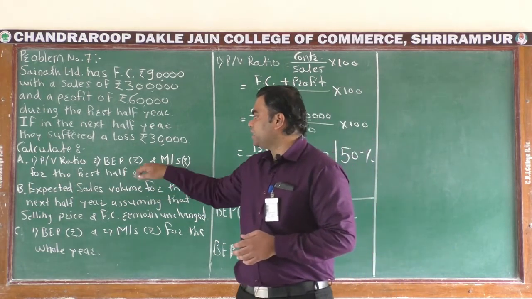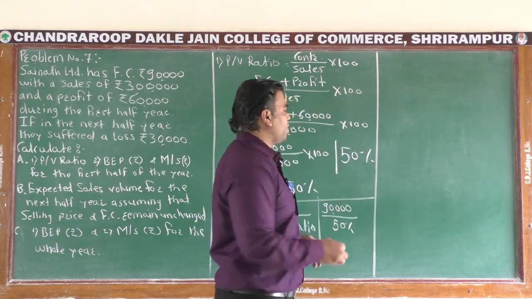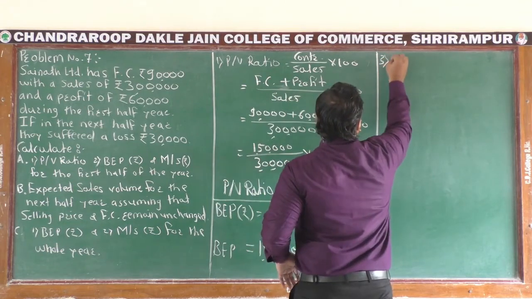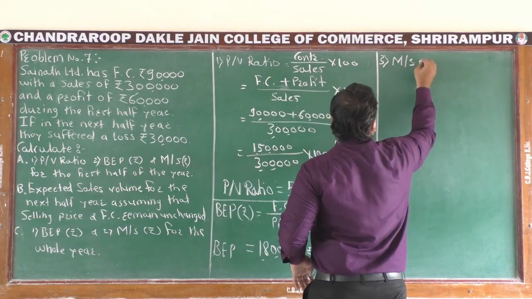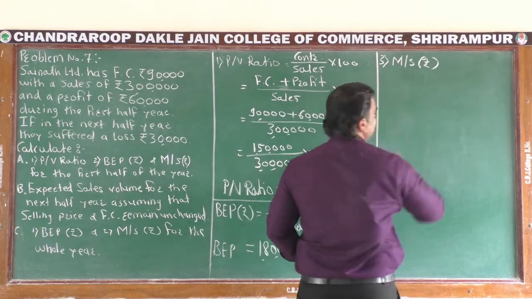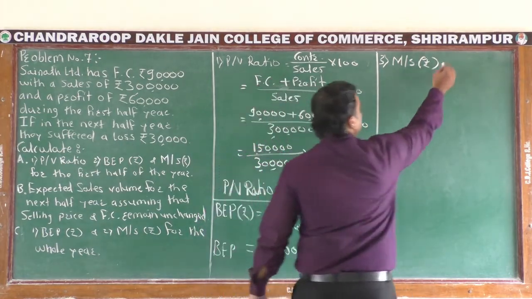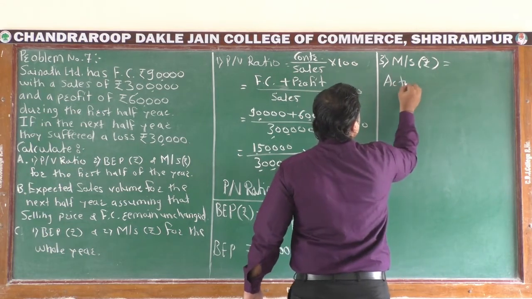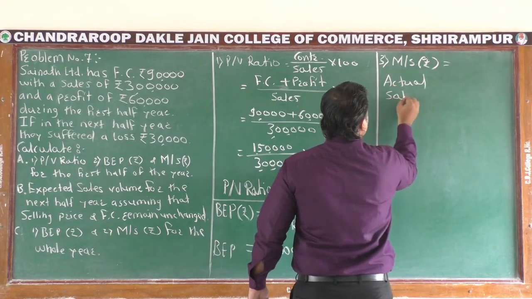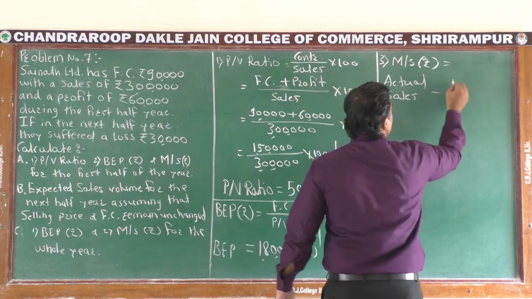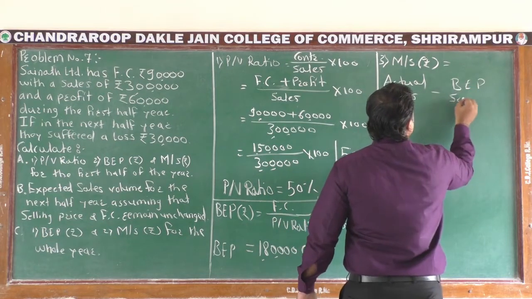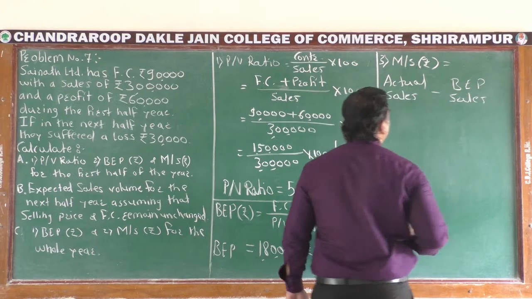Now we are asked to calculate margin of safety in rupees. So how to calculate the margin of safety in rupees? What is the formula to calculate the same? The formula is actual sales less BEP sales. So margin of safety for the first half.